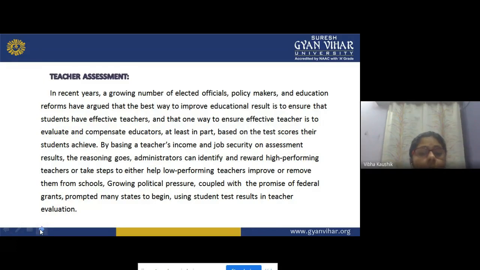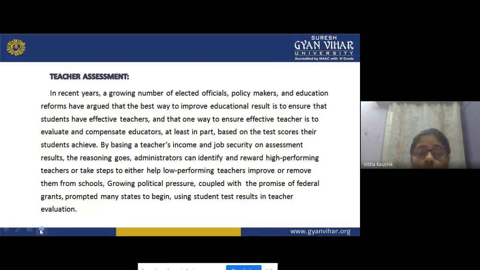Now, they can help what? Those teachers who are low performing, means they are not very efficient or their results are not up to the mark, can improve or be removed from schools.